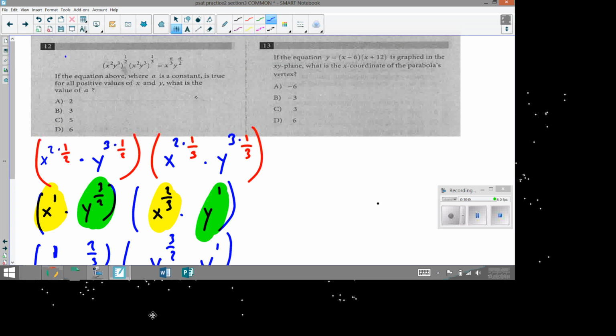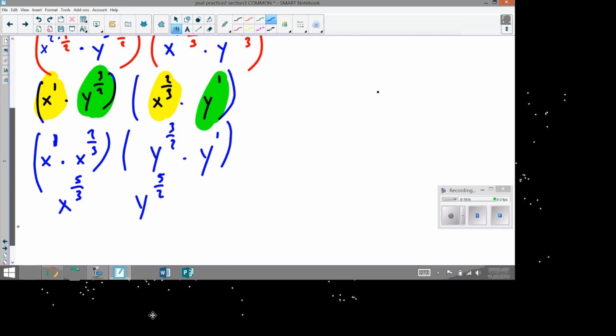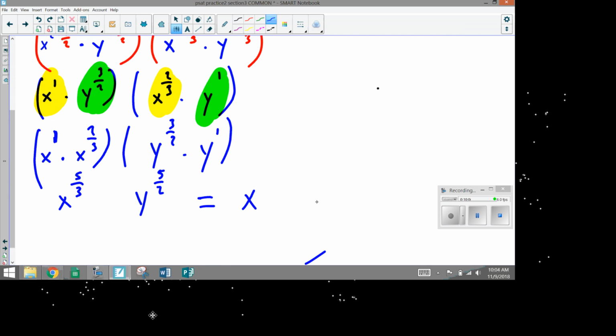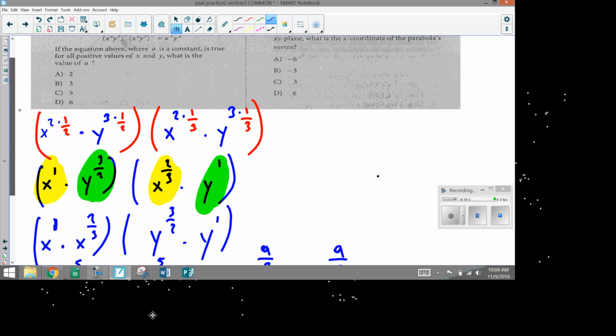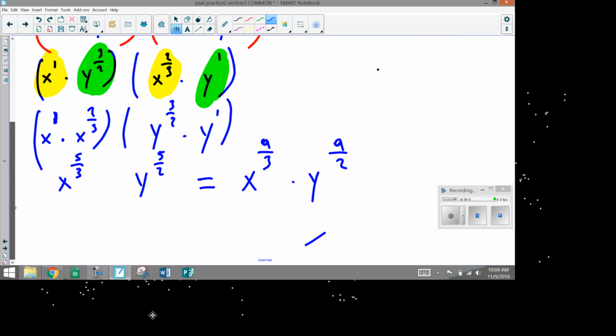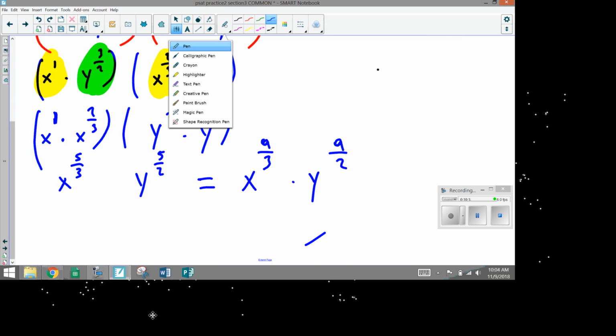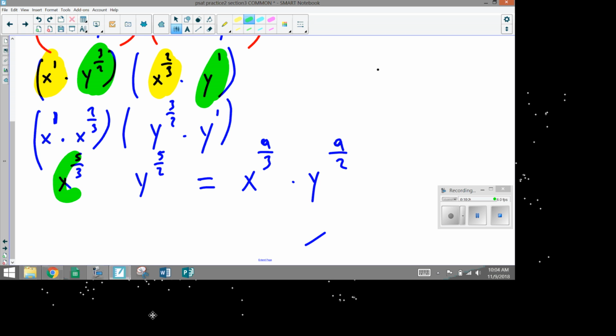So what is that equal? x to the power a over 3, a over 3, a over 2. Okay, is that right? Yes, a over 3, a over 2. Okay, we can match x's and we can match y's.